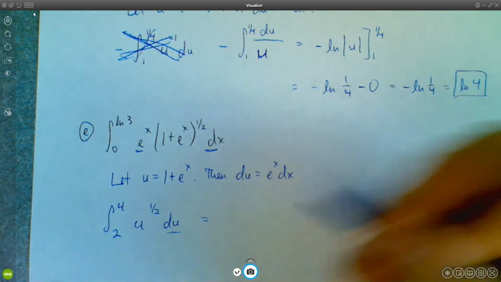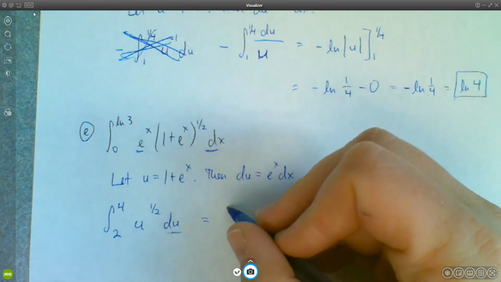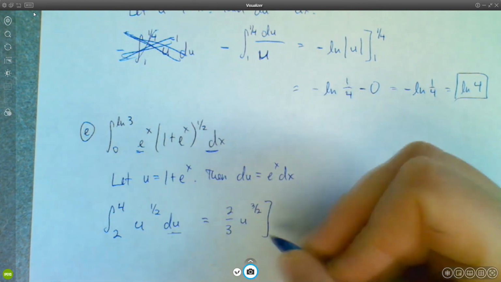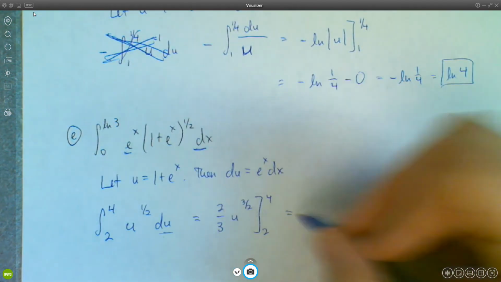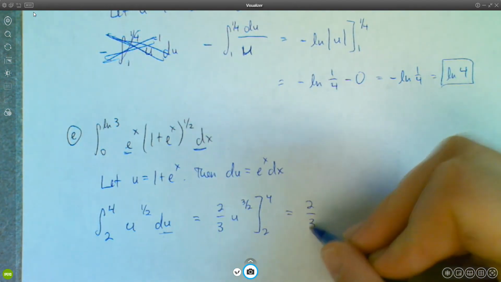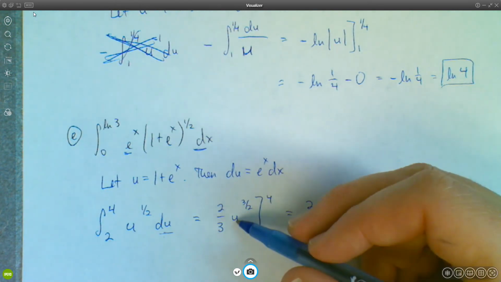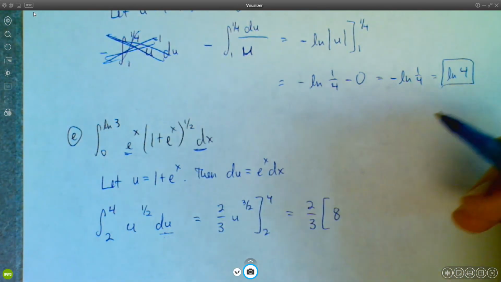Good. So it's going to be u to the 3/2 divided by 3/2, or in other words, 2/3 u to the 3/2, evaluated from 2 to 4. Now if I plug in 4, square root of 4 is 2, 2 cubed is 8. If I plug in 2, square root of 2 is, well, square root of 2.